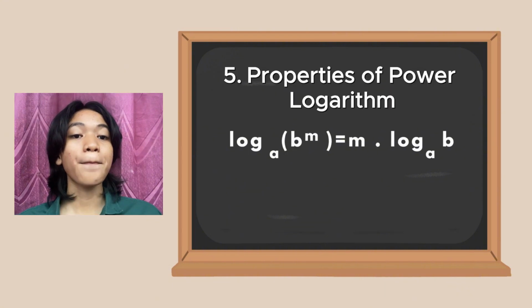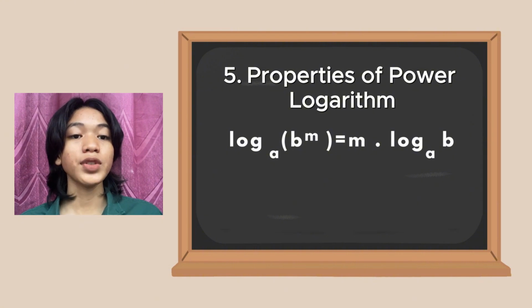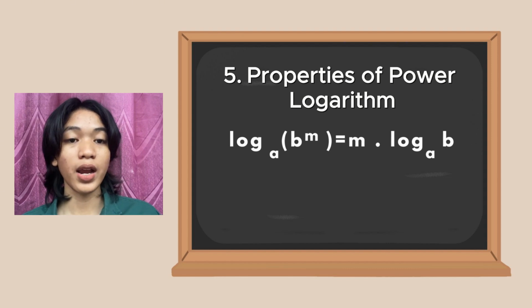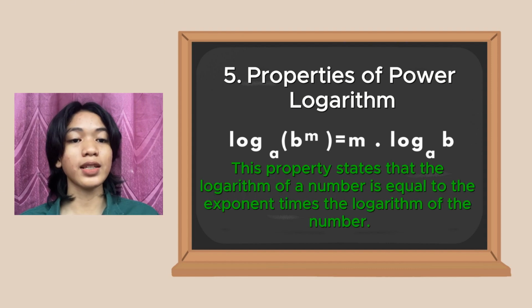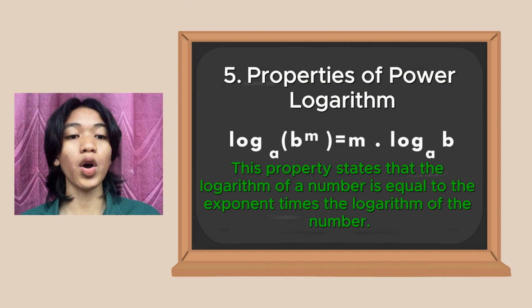5. Properties of power logarithms. Log base a of b to the power of m equals m times log base a of b. This property states that the logarithm of a number raised to a power is equal to the exponent times the logarithm of the number.